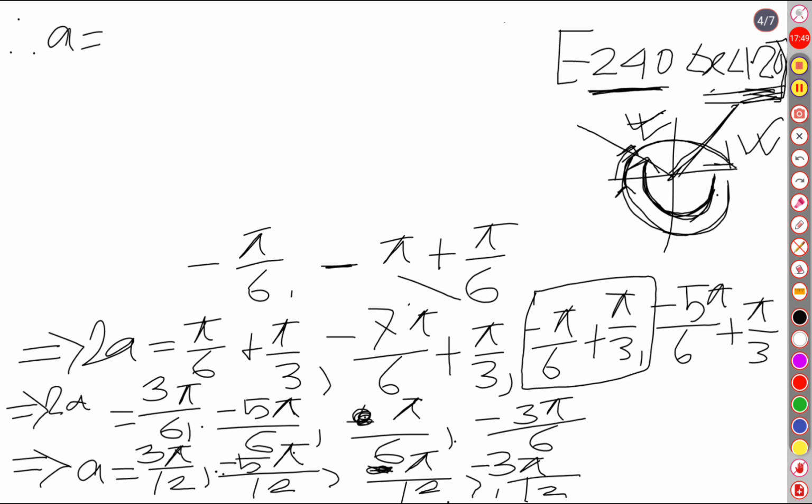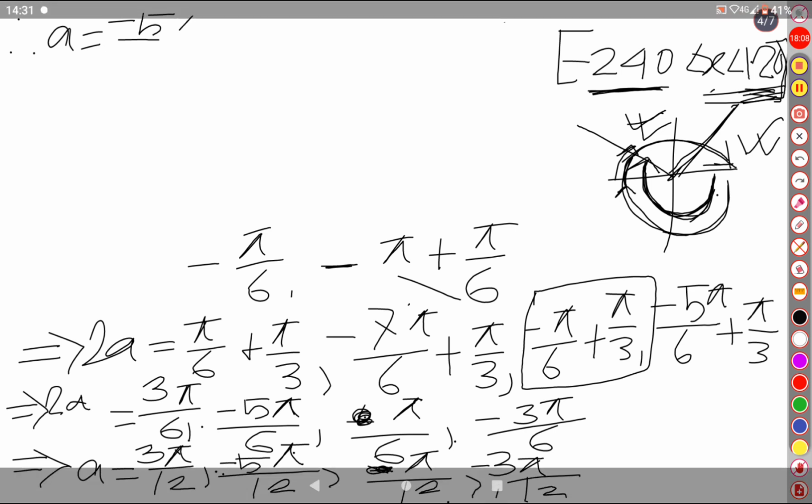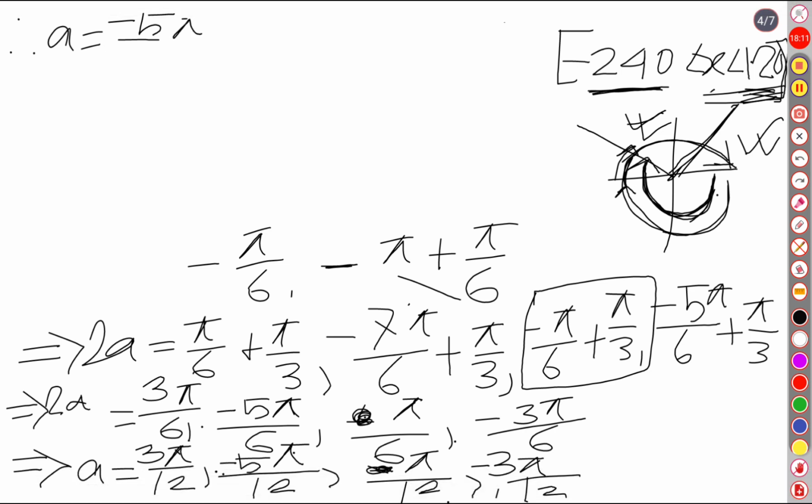Okay, this should be positive, so there should be no negative symbol. So if we simplify, let's write the smallest one. Smallest one is this, negative 5 pi over 12, and the second lowest one is negative pi over 4.